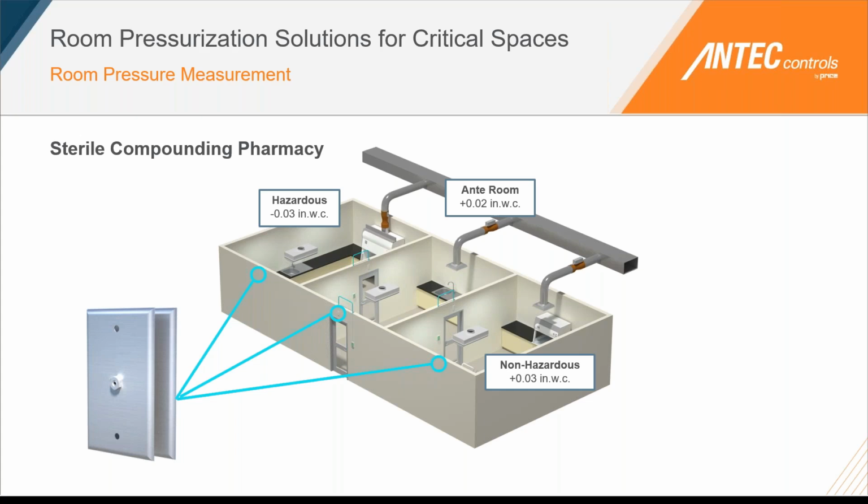But now we have to account for changes in what's the acceptable pressurization in that hazardous space and that non-hazardous space. In the hazardous space, we now are required to maintain a negative 0.01 pressure, which allows us to build up that same pressure differential to the anteroom. And in the non-hazardous room, we're now controlling to a positive 0.05 inch of pressure, which again still gives us that higher pressure relationship in comparison to the anteroom.